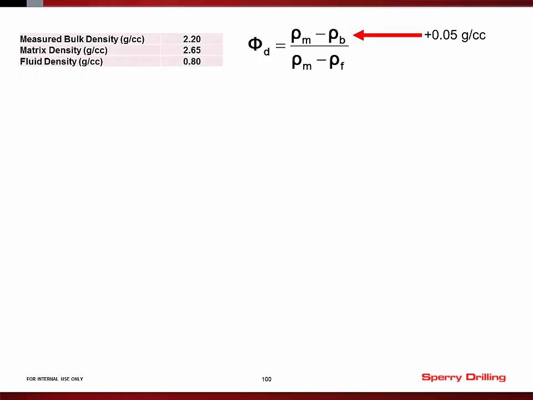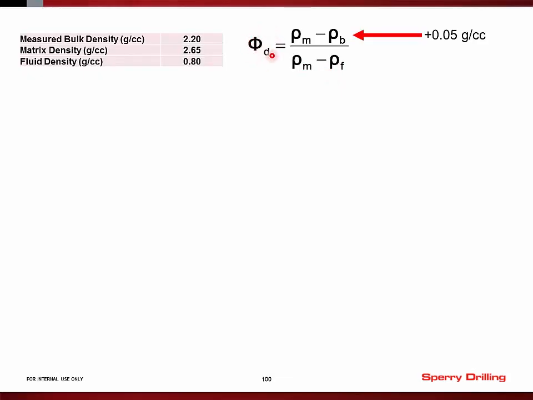So let's think about what the petrophysicist typically does with our density measurement. Let's take our plus 0.05 grams per cc error, and we'll put that into this equation, which is a calculation of porosity. The density measurement is primarily used to calculate porosity.